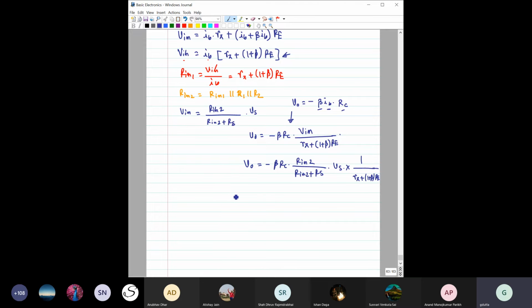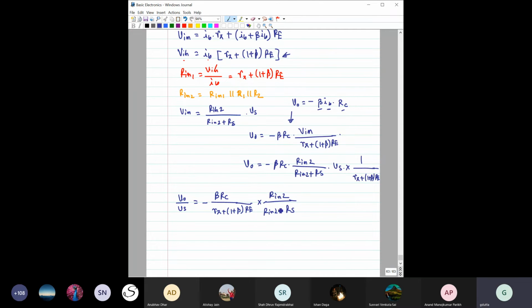Then we have this term V output by VS. And what is the value? Beta RC divided by R pi plus 1 plus beta RE into R in by R in plus RS, right?